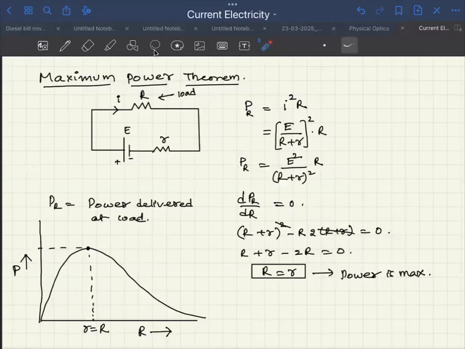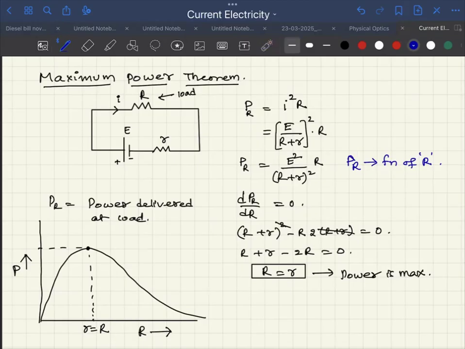So the power delivered, as I derived, is I square R, which is E by (R plus r) whole square times R, which is E square R by (R plus r) whole square. The power delivered across the load is purely a function of R. Please don't question me, why not a function of small r? The battery is fixed. I cannot change anything in the battery part.